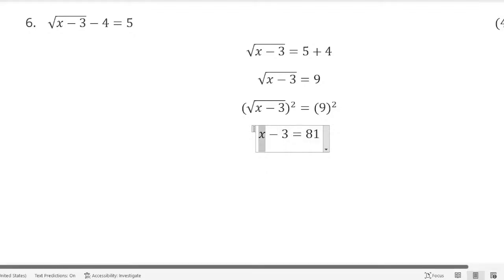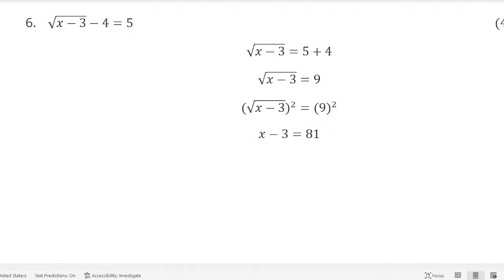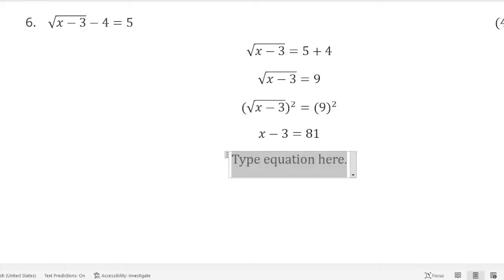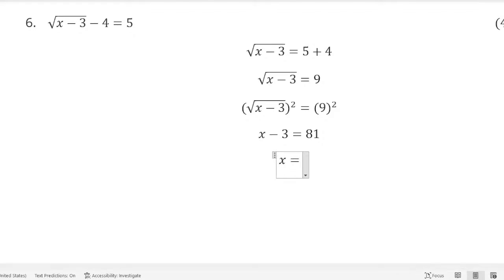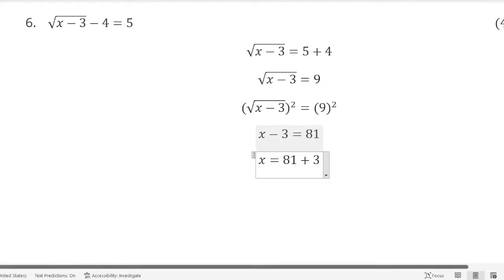We're solving for x, so we're going to take all the constants to the right hand side, so that on the left hand side you'll be left with x alone. So we'll say x is equal to 81, that was already on the right hand side, plus 3. The reason we say plus 3 is because the 3 on the left hand side was a negative, so when you transpose it to the right hand side, it becomes a positive.